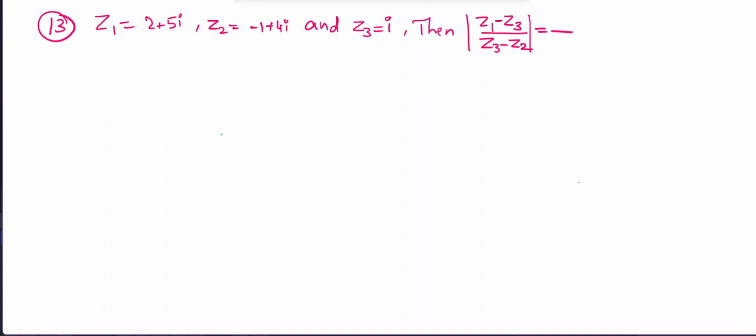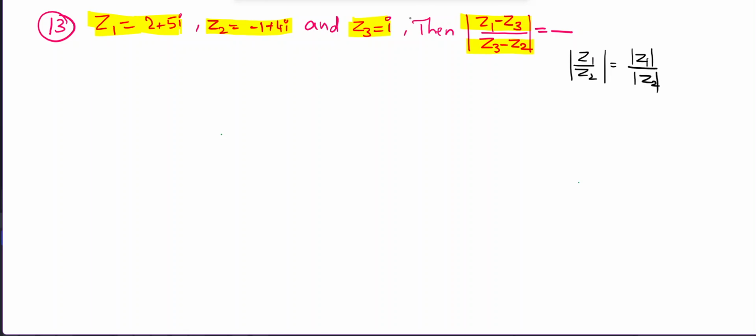This is next question from complex numbers. Here is given z1 is equal to 2 plus 5i and z2 is equal to minus 1 plus 4i and z3 is equal to i. Then the value of mod of z1 minus z3 by z3 minus z2. So we know the formula, modulus of z1 by z2 is equal to mod z1 by mod z2.